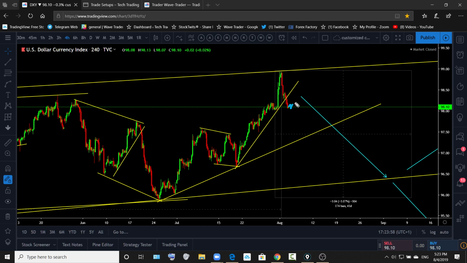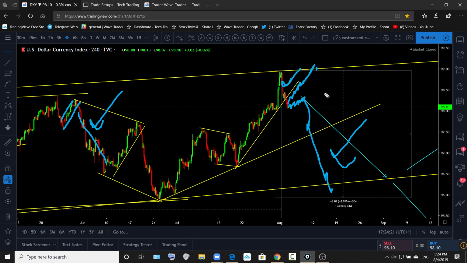Now this week, correction will confirm that you are going to have a next move. Correct and continue to go lower, give us that trade. If not correcting and going back up, there's going to be a short-term buy opportunity, and again you're looking for similar price action on the DXY to go down.